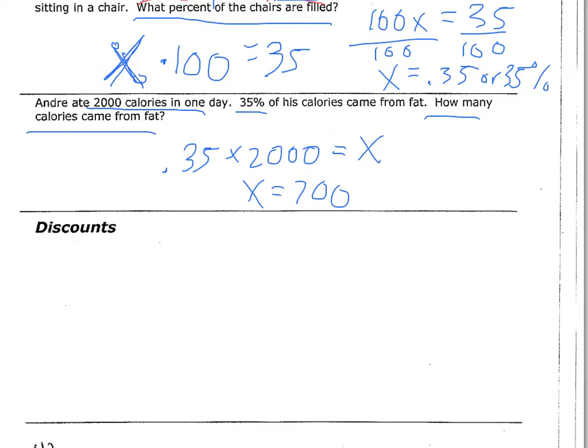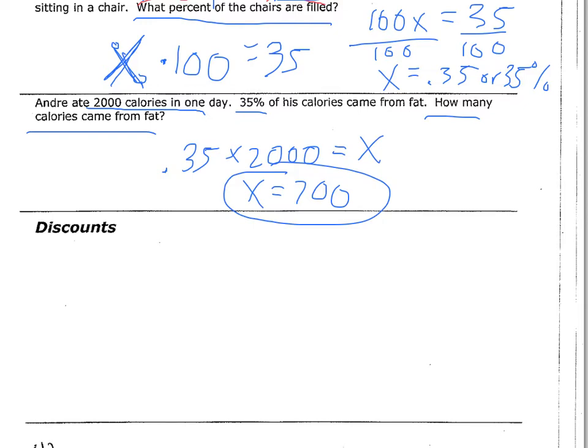So in one day, 35% of Andre's calories came from fat, so 700 calories came from fat. So if you read it, 700 calories is 35% of his 2,000 calorie diet. That makes sense. Okay, so that's probably a reasonable answer there.